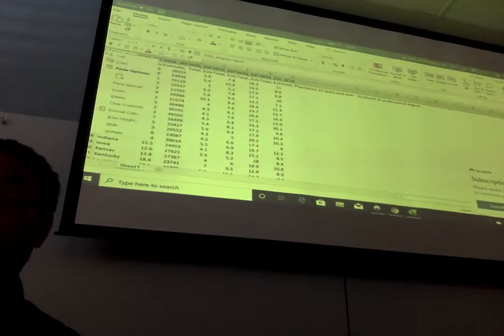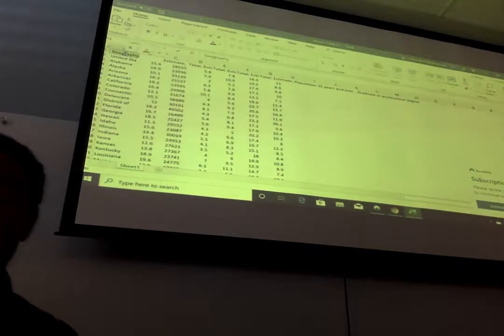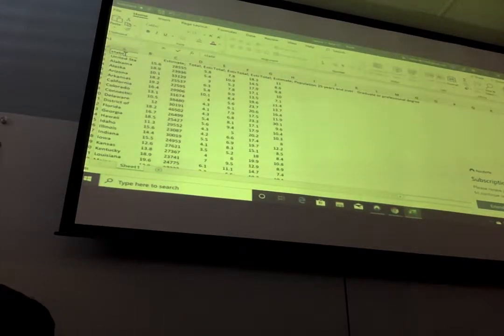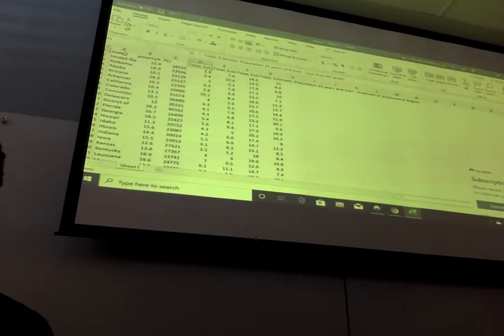First thing, let's get rid of the first row because it's going to confuse us. And let's give this better titles, like state, poverty percent, PCI, less than 9th grade, no diploma, BA degree, grad degree.